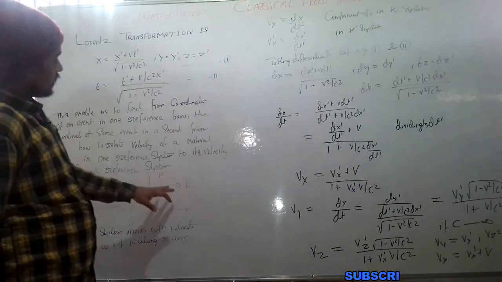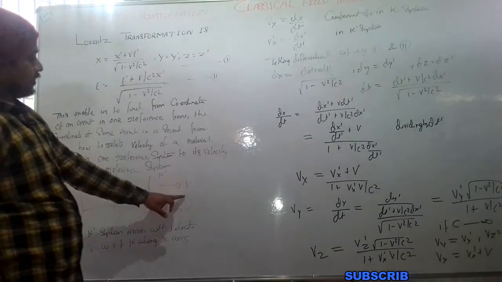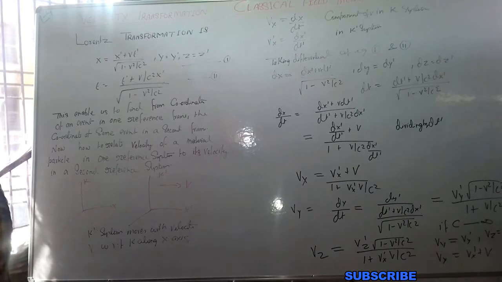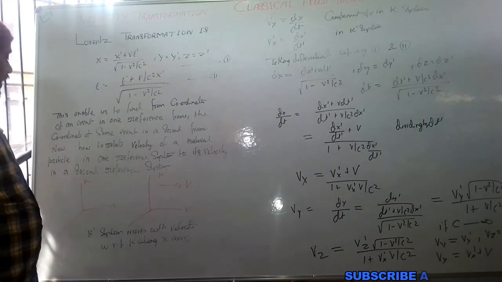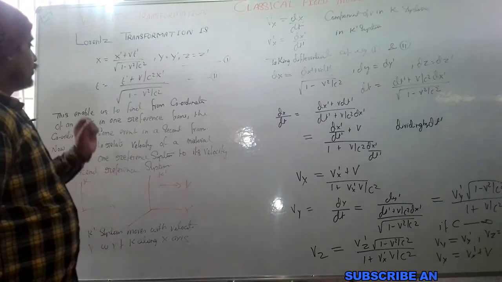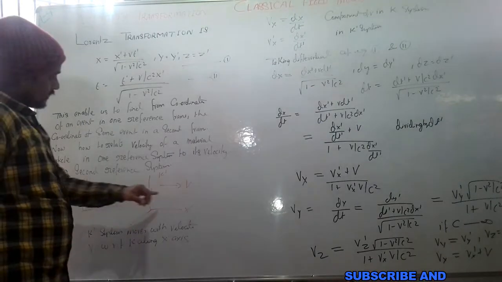Now there is another reference frame K dash which is moving with constant velocity v with respect to this reference frame K.